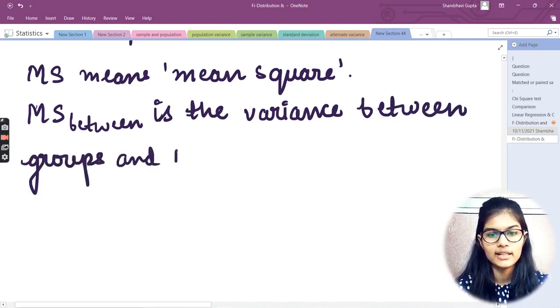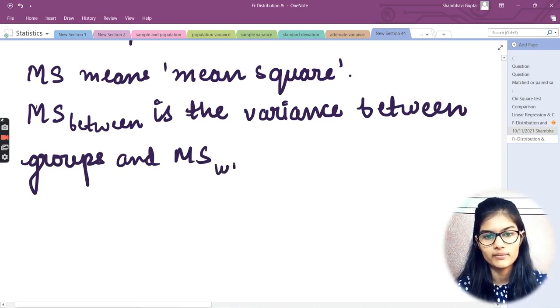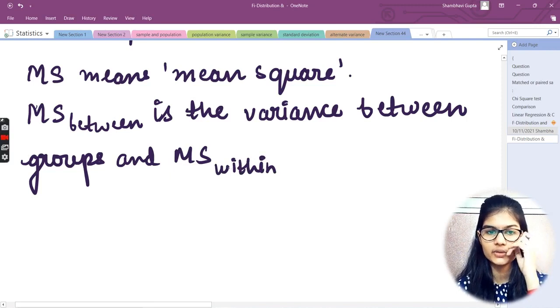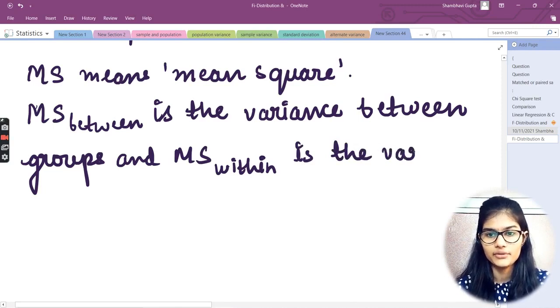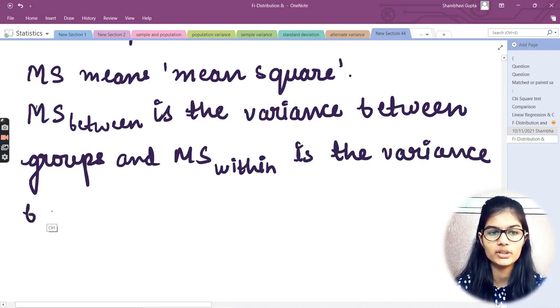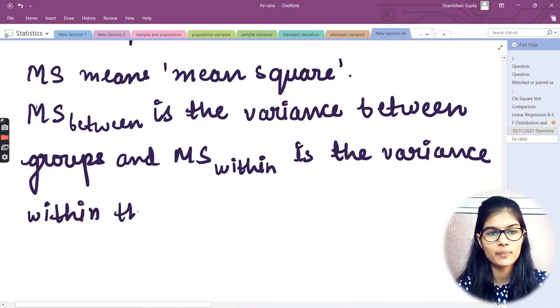MS between is the variance between groups, and MS within is the variance within the groups, because between is almost finished, we discussed it above. So MS within is the variance within the groups, right?